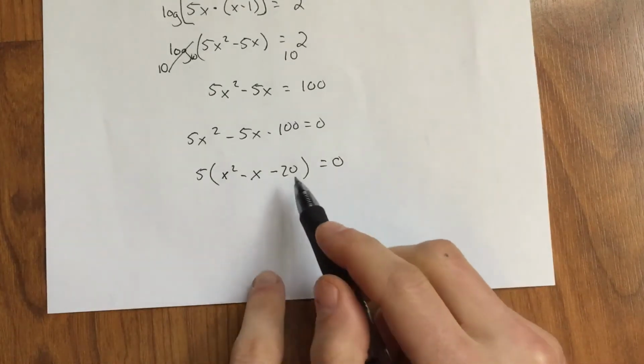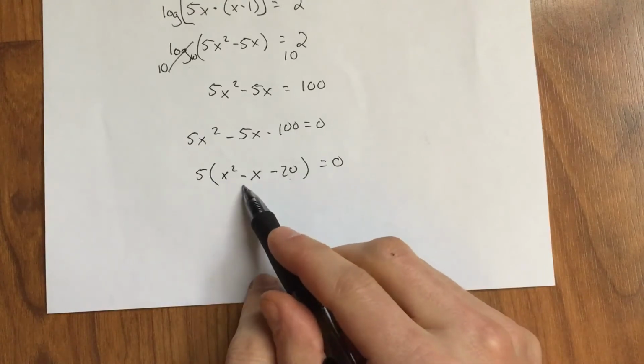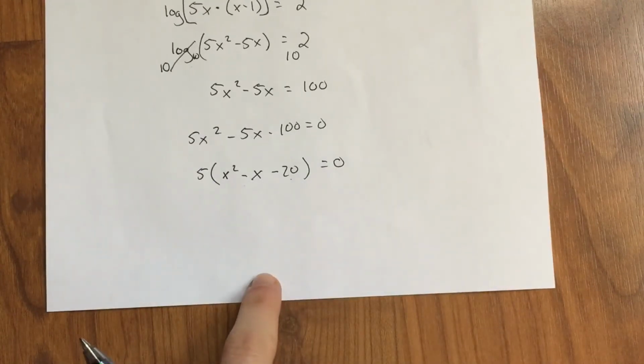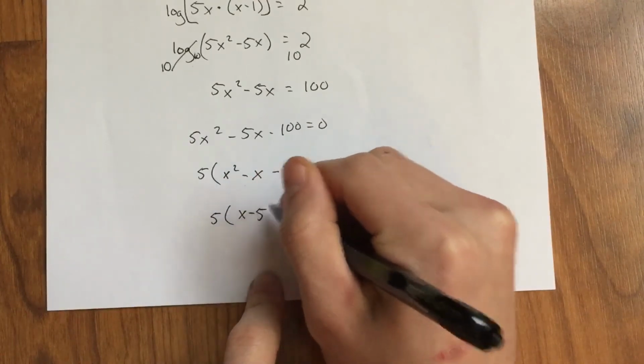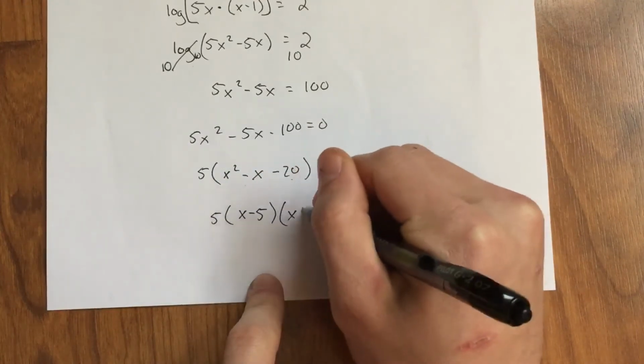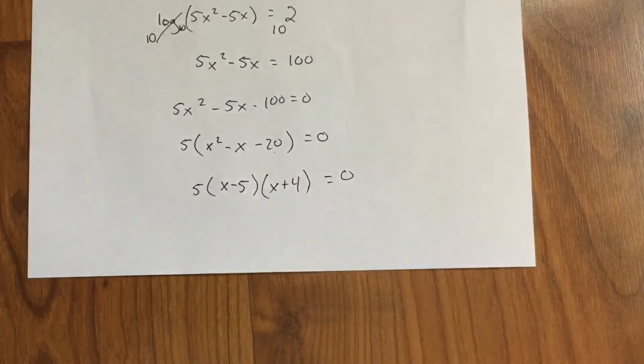Now we need to figure out how to factor this minus 20 that also adds up to negative 1. So factors of negative 20 that add to negative 1. Think about what those factors may be. If you came up with minus 5 and plus 4, then you're right. That would be the factoring.